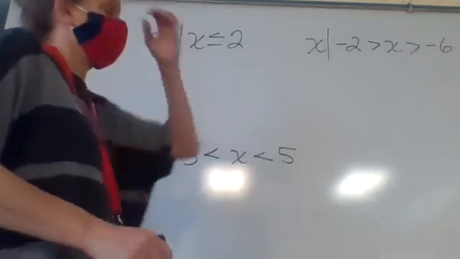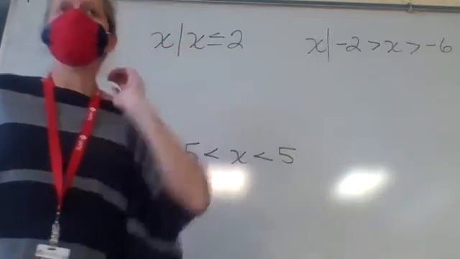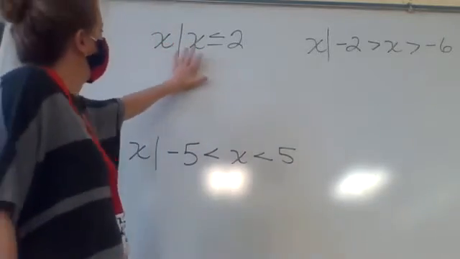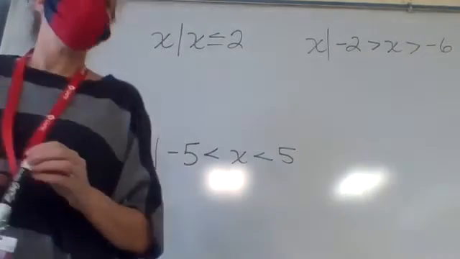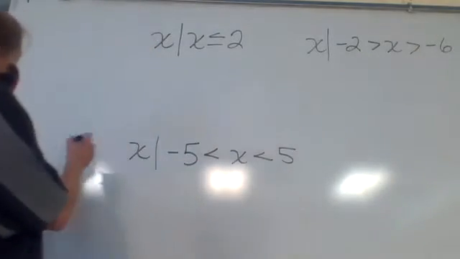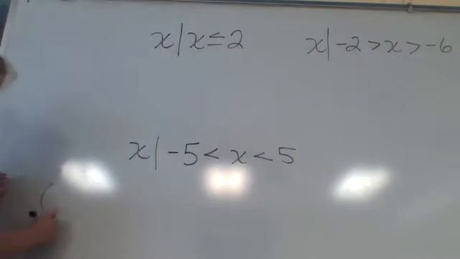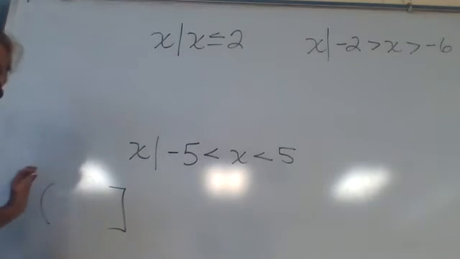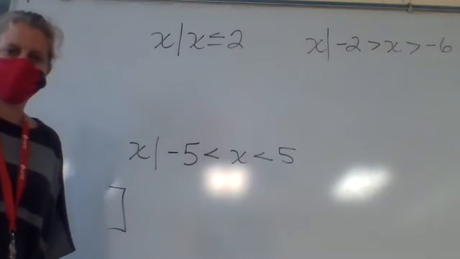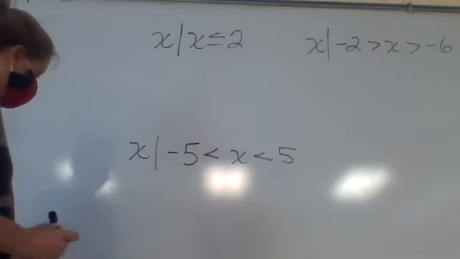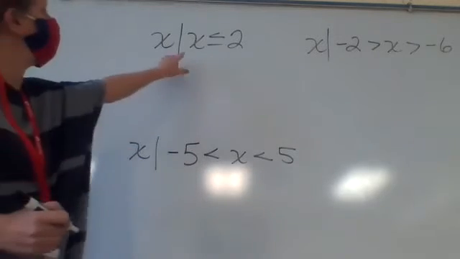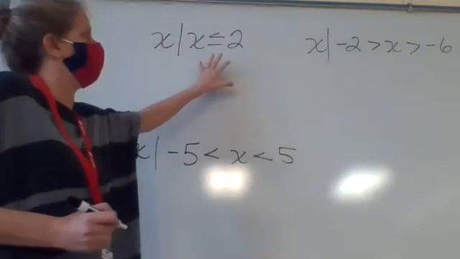So this is the next three problems. What we're gonna do is turn this into what's called interval notation. Interval notation is like open parentheses and brackets, things like this. The first thing I'm gonna do is put this statement on a number line.